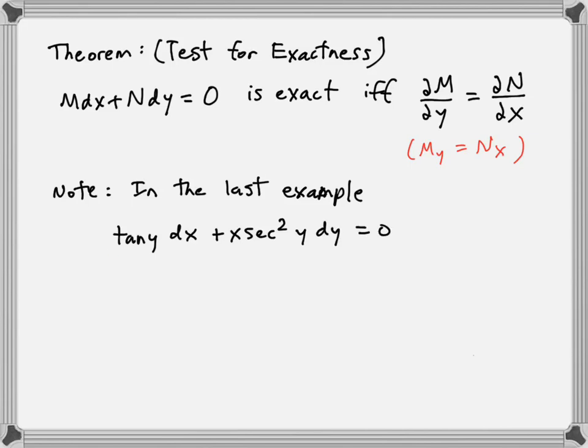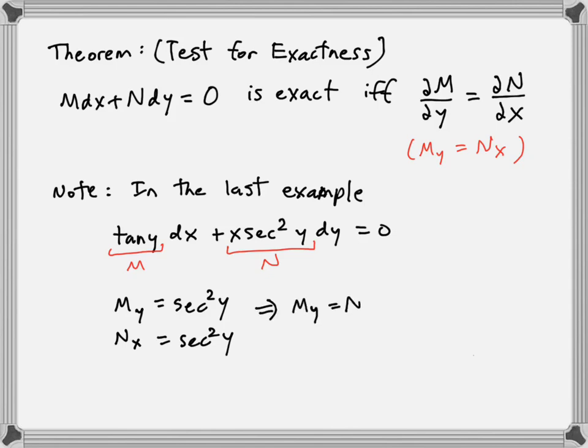This is our M, and this whole thing is our N. So the partial of M with respect to y is equal to secant squared y. The partial of N with respect to x is also secant squared y, and these two are equal to each other: M_y is equal to N_x. So that would have been a way, if we were just given the differential equation, to tell if it was exact. This is the test for exactness.